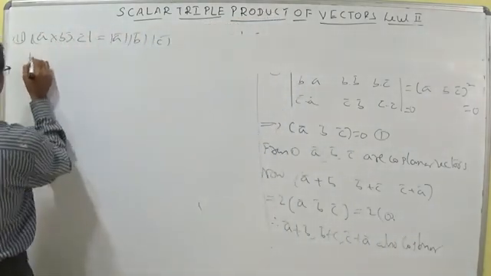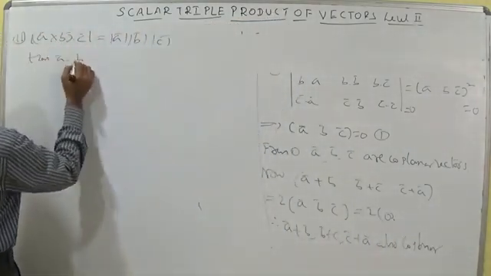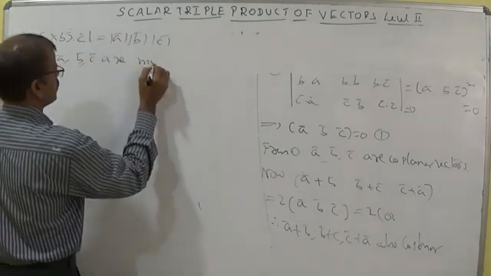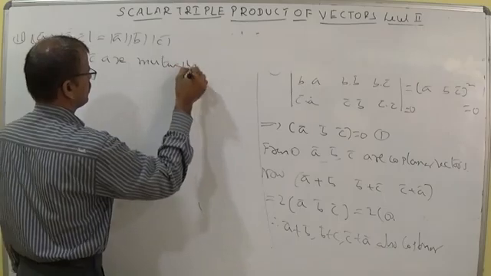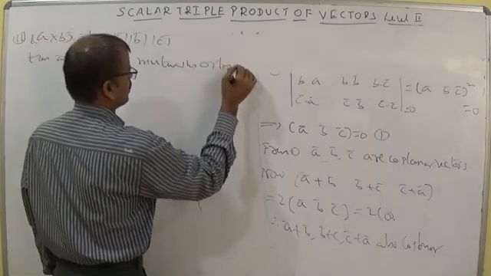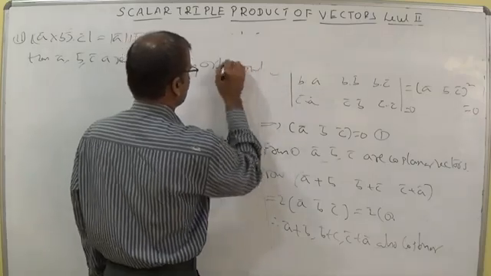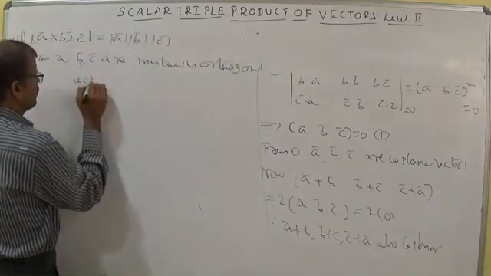Then directly you can write that A bar, B bar, C bar are mutually orthogonal or perpendicular vectors.